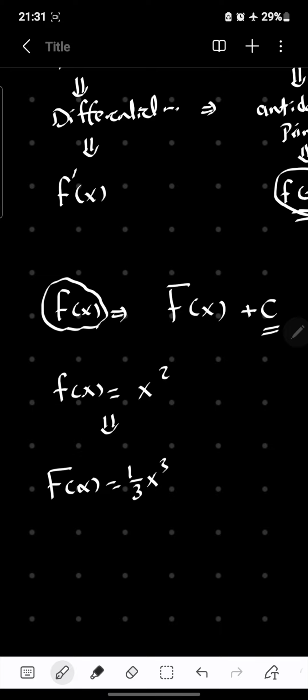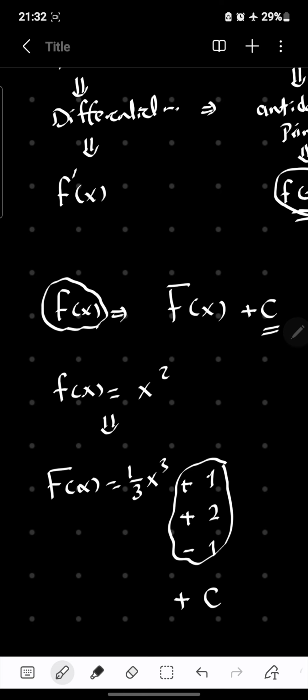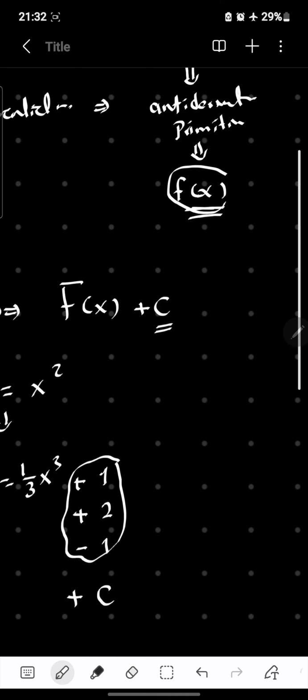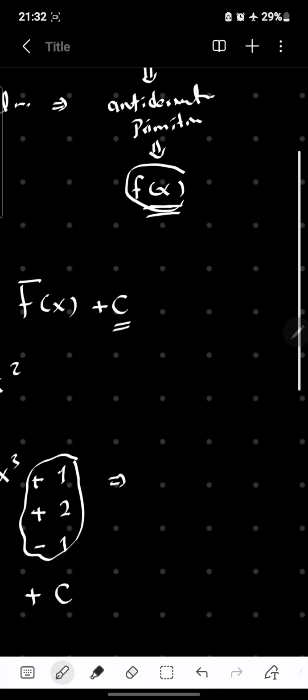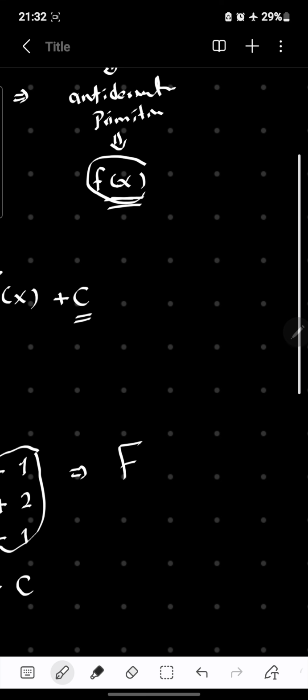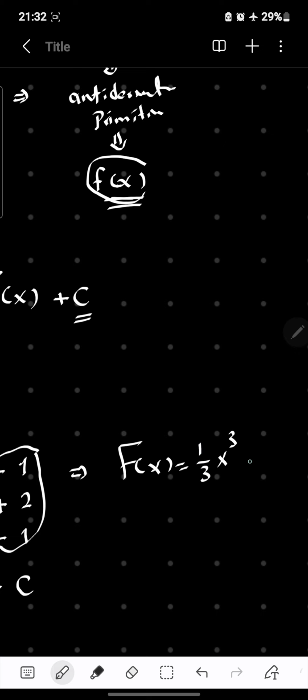We can add 1 because the derivative of 1 is 0, so we can add 2, or negative 1. So instead of all these constants, we add an arbitrary constant called c. So the family of antiderivatives is 1 over 3 x power 3 plus c.